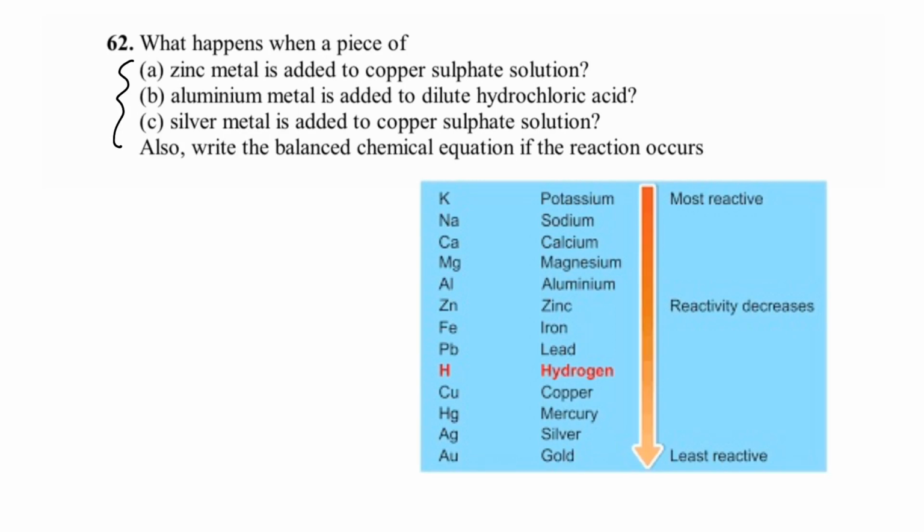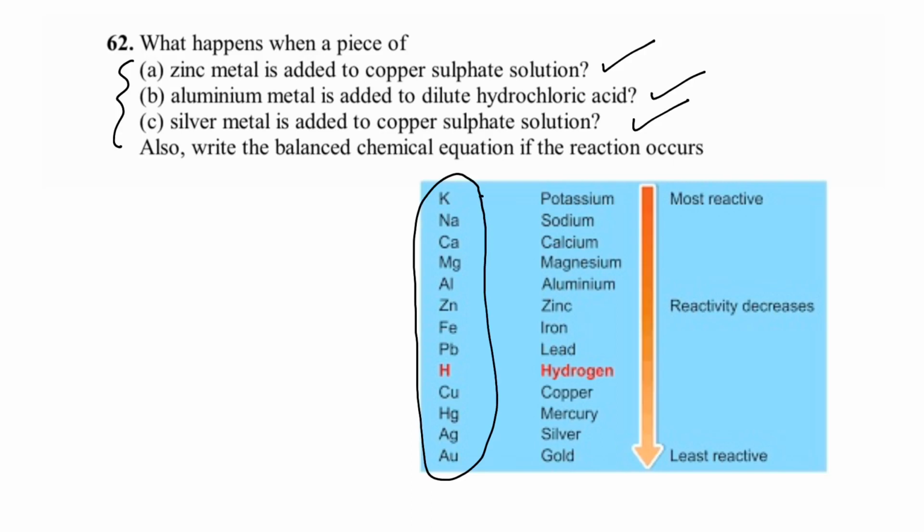What happens when a piece of zinc metal is added to copper sulphate solution, aluminium metal in dilute hydrochloric acid, silver metal in copper sulphate solution? For answering this, you must have a rough idea about this order. Try to learn it by heart. See, potassium on top, then sodium, then calcium, magnesium, and at the end you can see silver and gold.